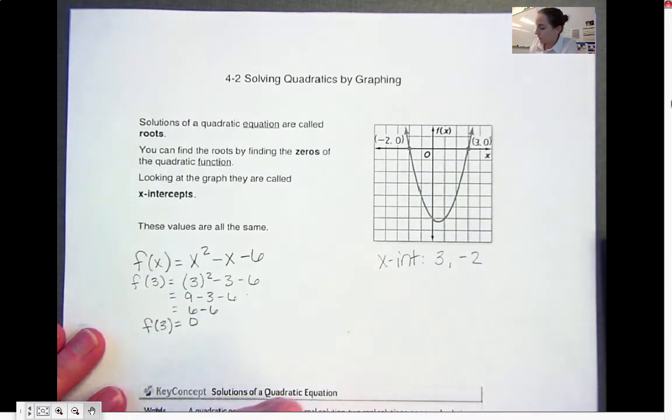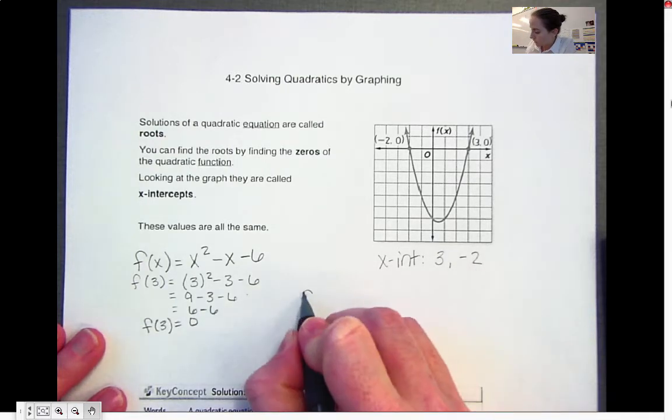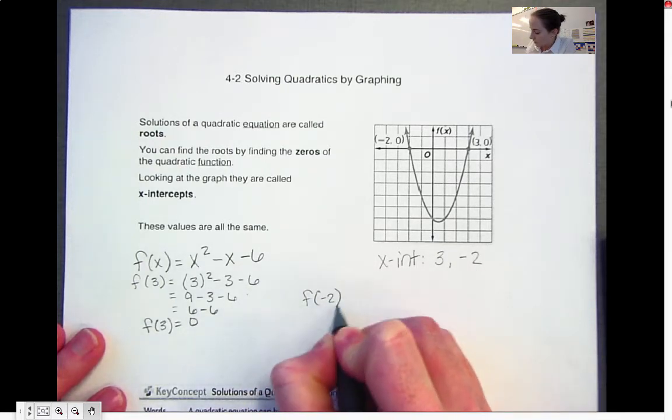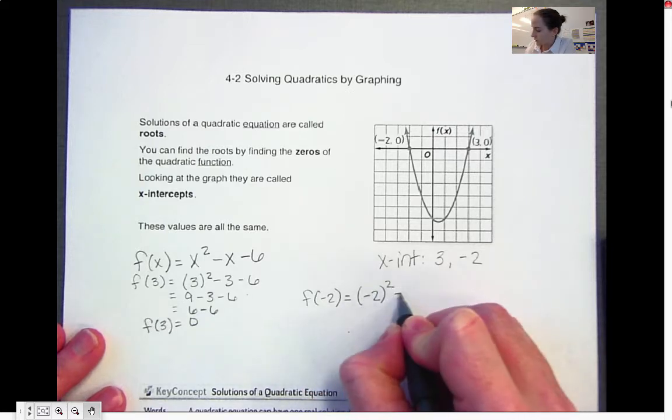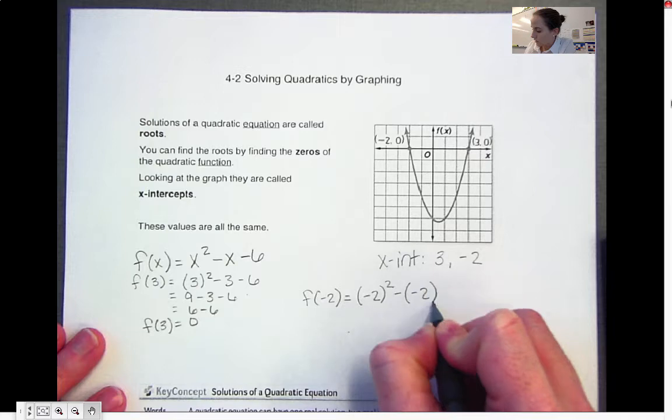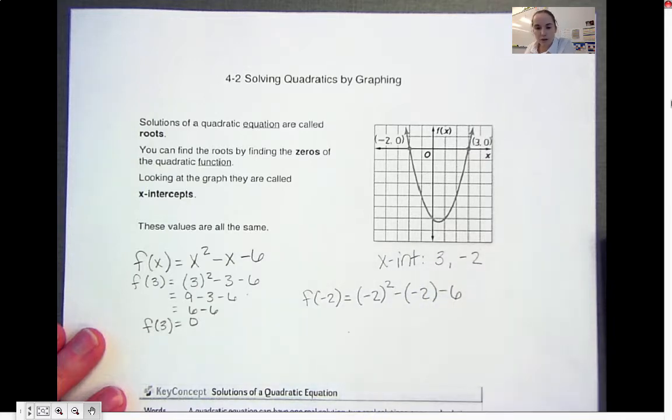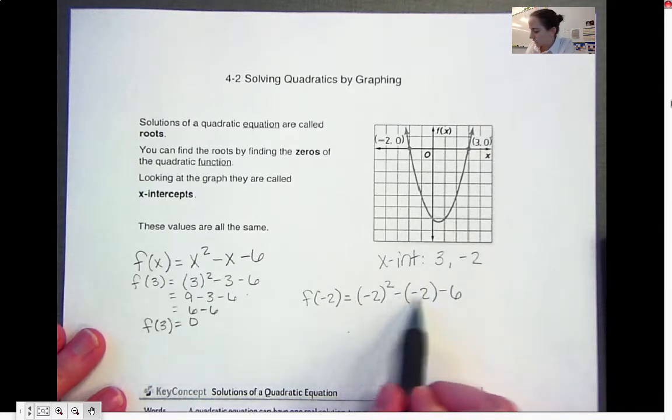If I do the same thing with the -2, f at -2 equals -2 squared minus -2 minus 6. Remember, put it in parentheses. It's really important that you put that -2 in parentheses because in this case right here, you don't want to get mixed up with your negative and the minus sign.